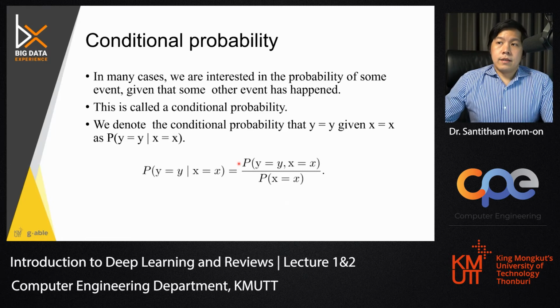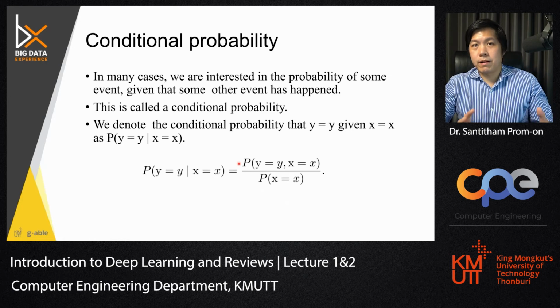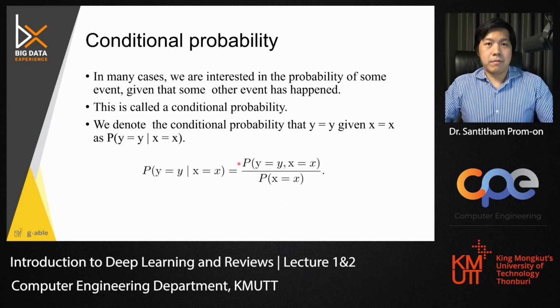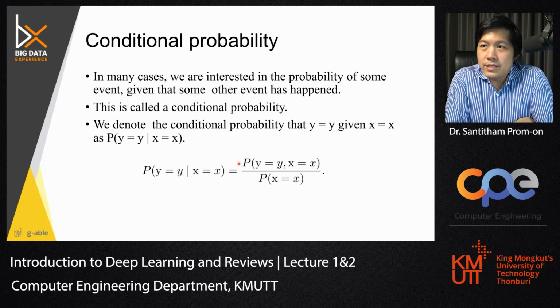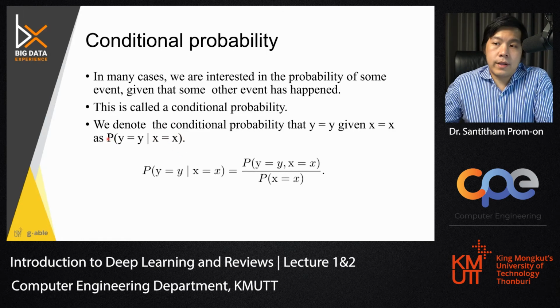Right. Okay, so those are the basic probability. Then we now move on to a little bit more concept on probability theory. This is called the conditional probability. Conditional probability is the probability of certain events given that you know that certain condition happens.